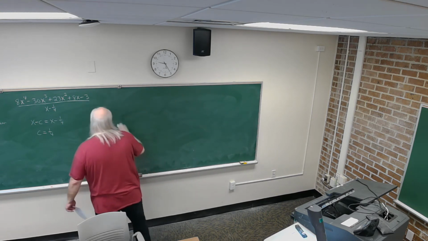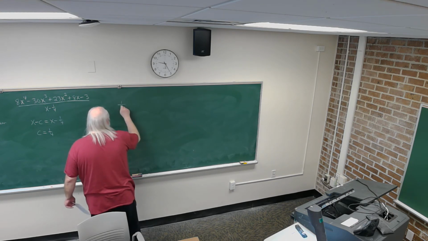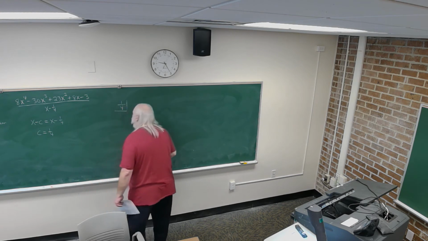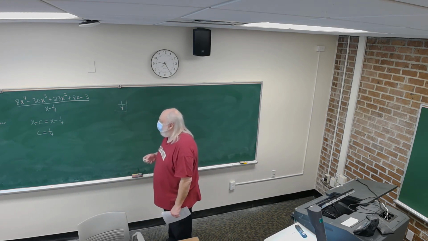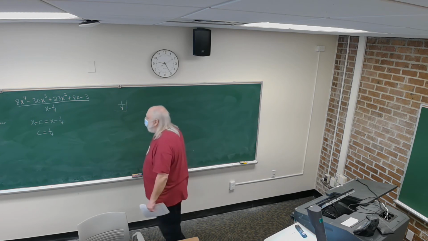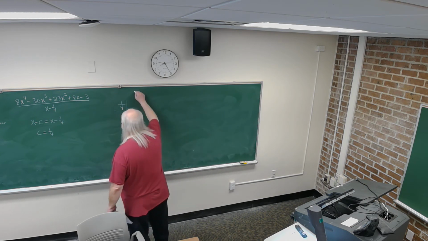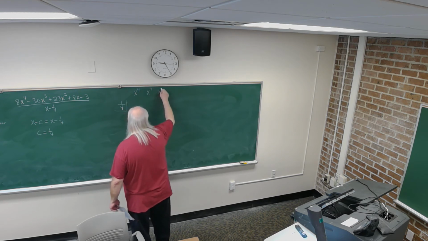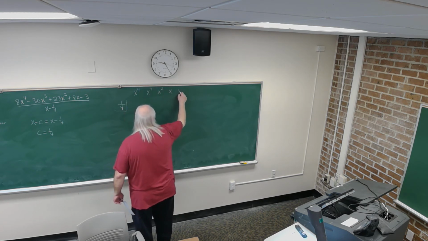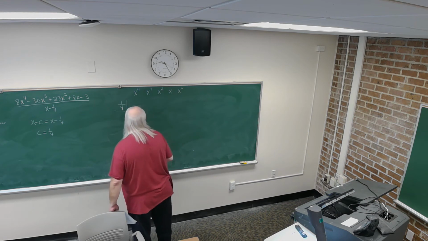So 1/4 goes in the box. And then to the right of the box, we write out the coefficients of the polynomial in descending powers of x. So we have x to the fourth, x cubed, x squared, x, and x to the 0, which is equal to 1.